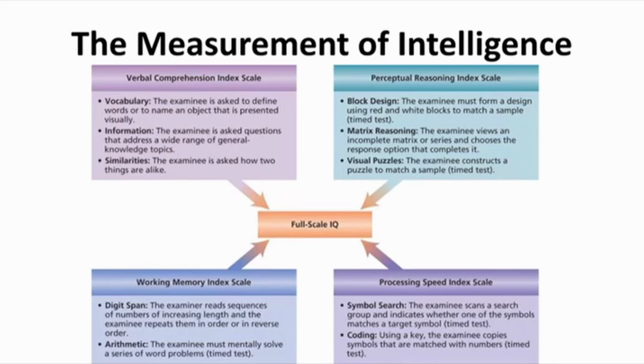So the modern Stanford-Binet test will yield that full composite IQ score, but will also give separate scores for verbal reasoning, abstract or visual reasoning, quantitative reasoning, and short-term memory. So very similar in layout to the Wechsler tests.